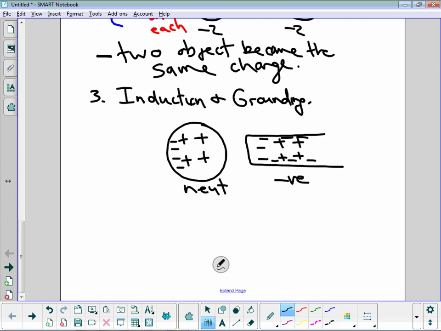I just made that thing, and now I'm going to take the rod away. What would happen? Rachel, what would happen? They'd go back to their positives, right? And if I brought it close, they'd go to the other side. If I take it away, they go back to their positives. So we call this induction. But now, let's ground it.